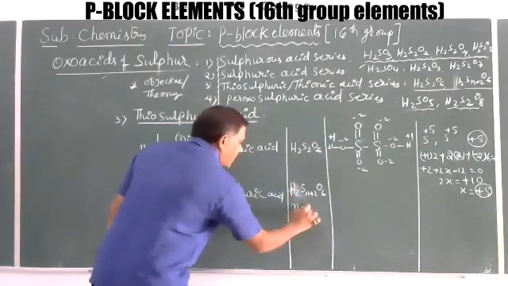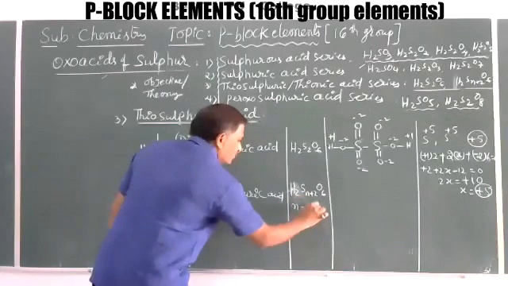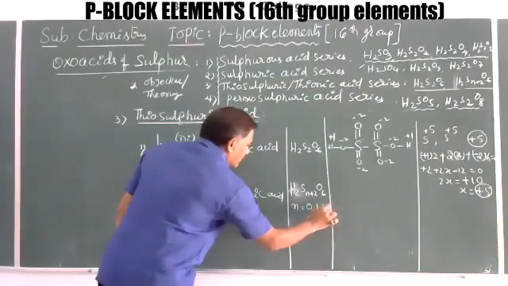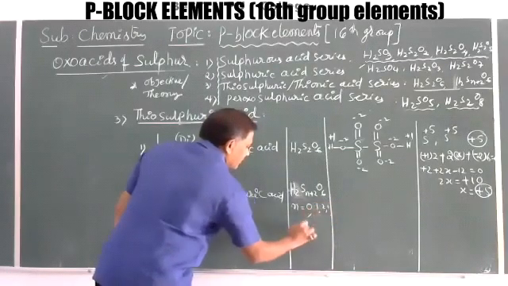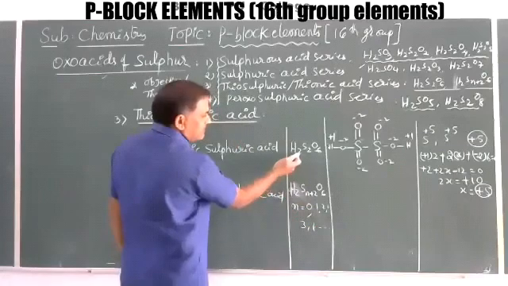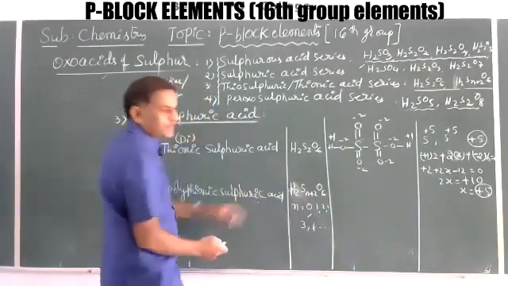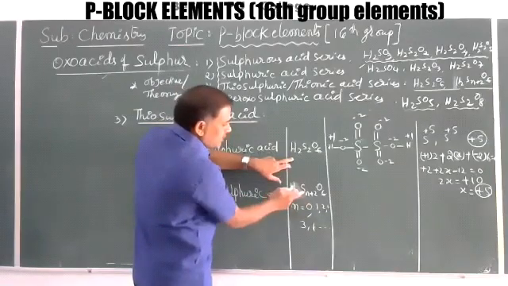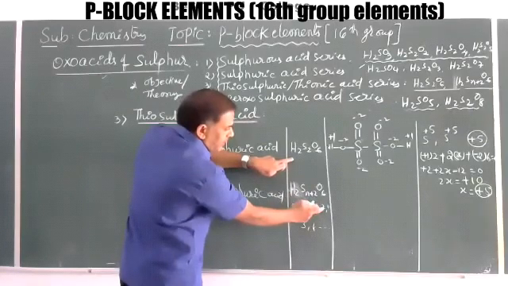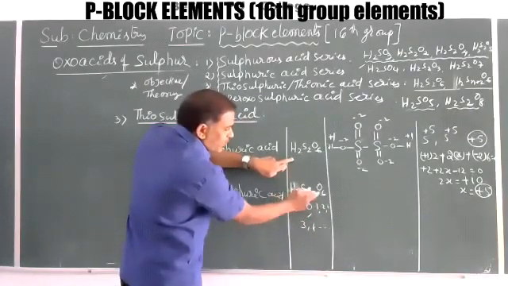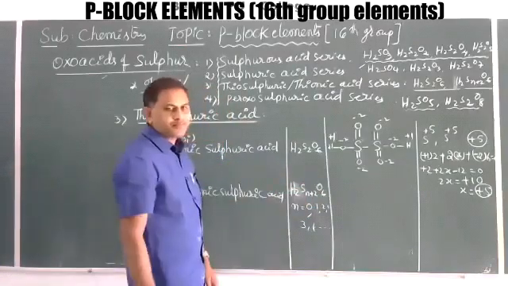Here N indicates the number of sulfur atoms: 0, 1, 2, 3, 4, 5 and so on. If you take 0, we get H2S2O6. If you take 1, H2S 1 plus 2, that is 3, and O6. If you take 4, we get H2S4O6, and so on.